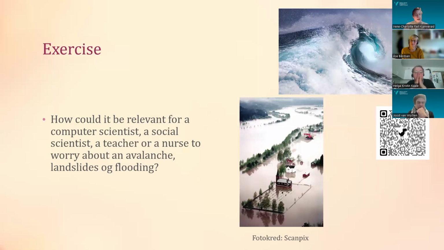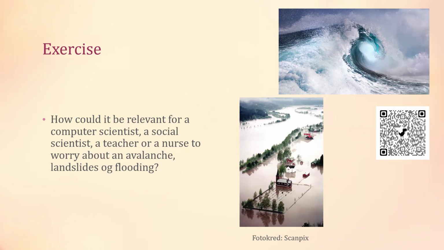So how could it be relevant for a computer scientist, a social scientist, a teacher, or a nurse to worry about an avalanche or a landslide or flooding? Would it be relevant at all?